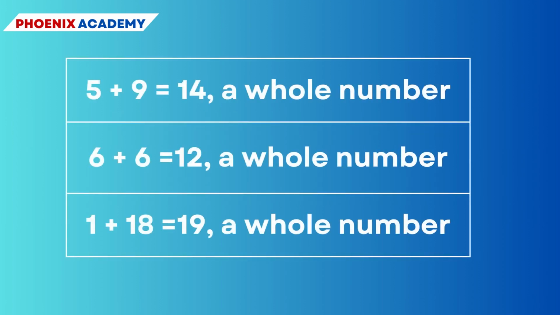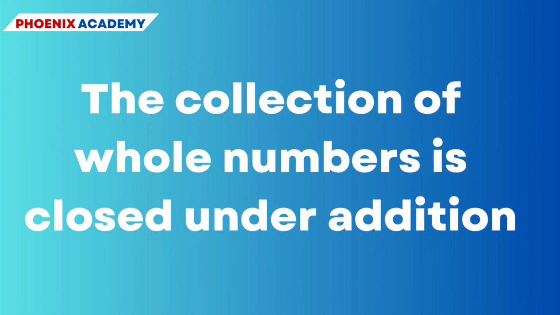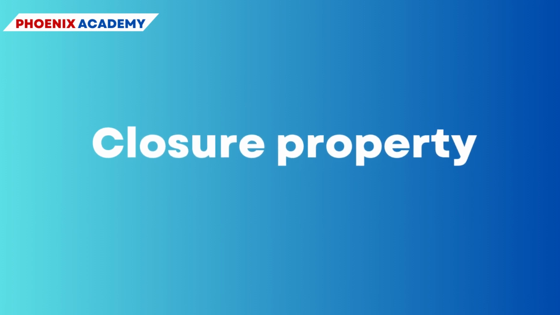Here we see the sum of any two whole numbers is a whole number. That is, the collection of whole numbers is closed under addition. This property is known as the closure property for addition of whole numbers.